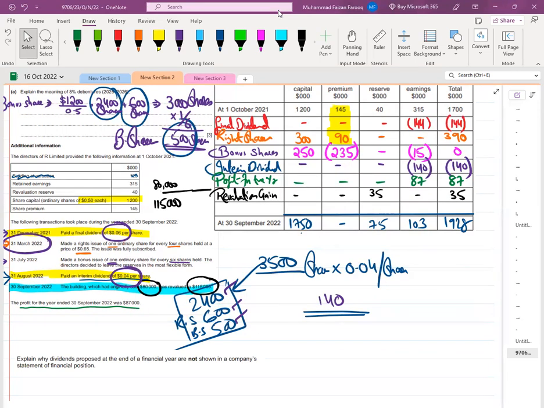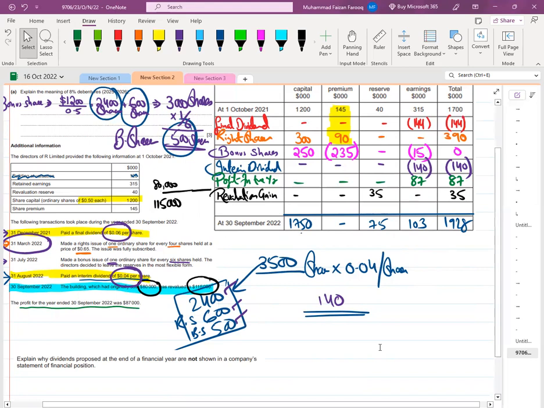Very easy question. If you remember in our previous studies when we were doing this chapter from the Cambridge study tags, I used to say that we are going to take only dividend paid. Dividend proposed is just an announcement. An announcement has no financial impact.